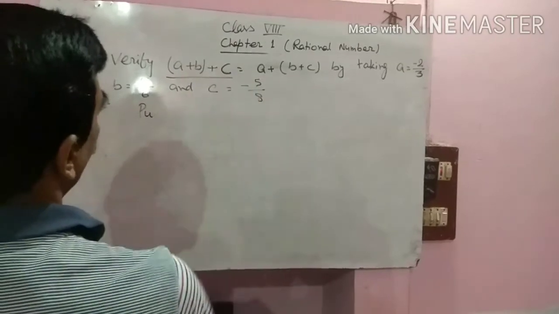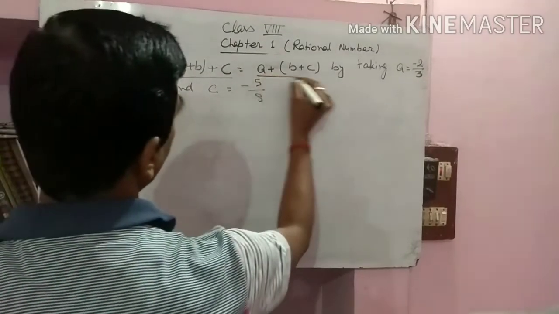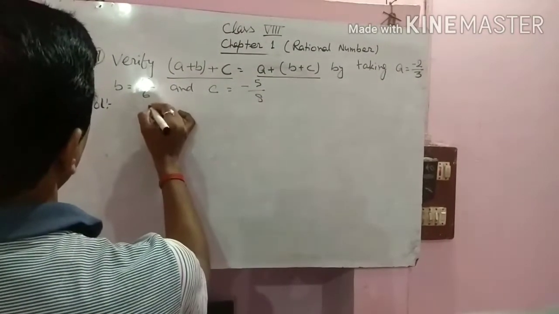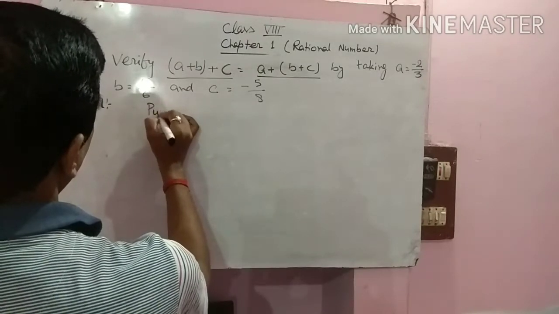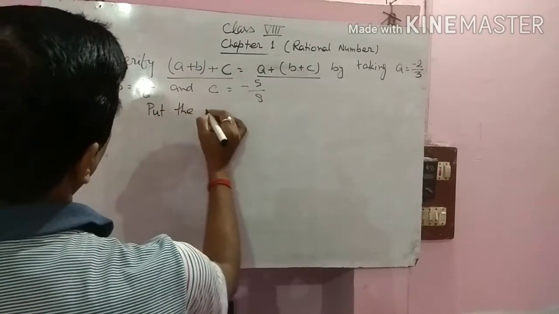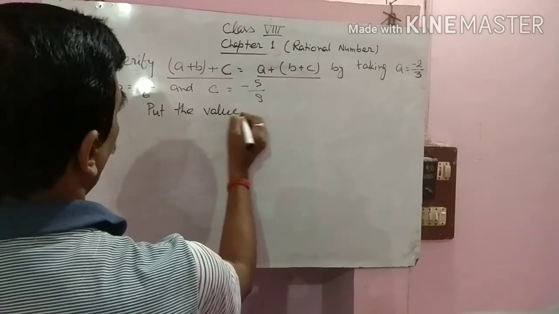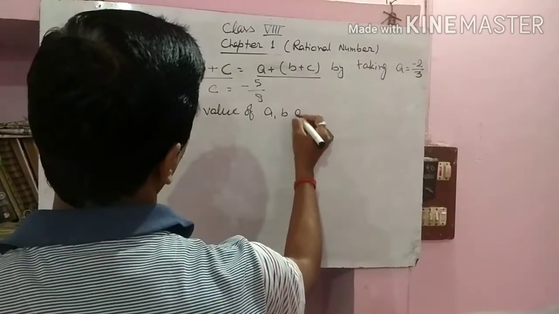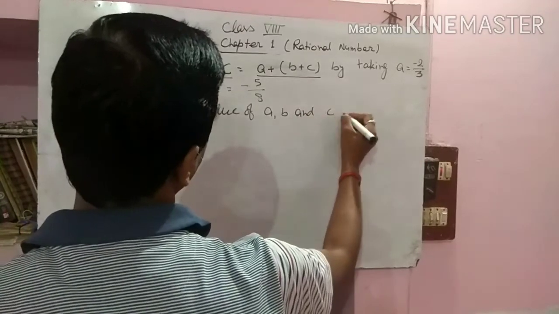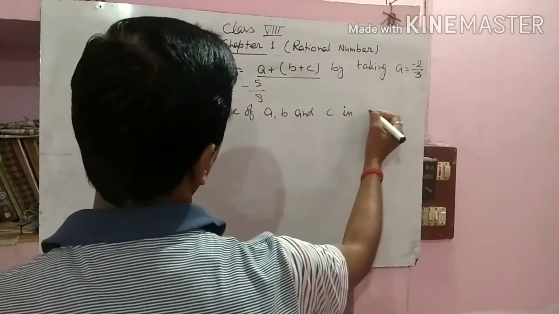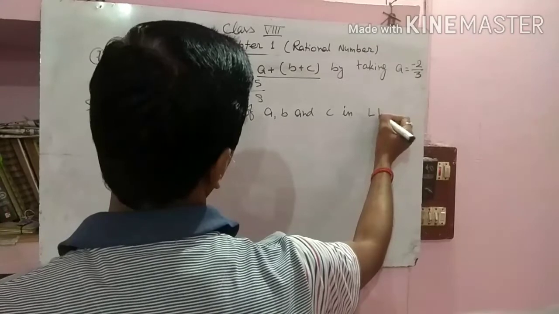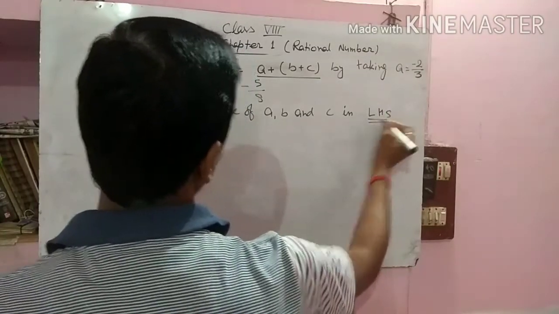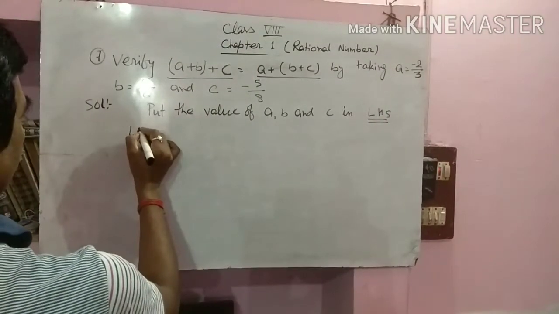First of all, as given, this one is the left hand side and this one is the right hand side. So put the values of A, B and C in the LHS.